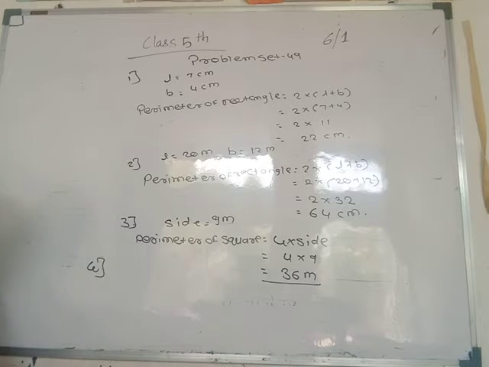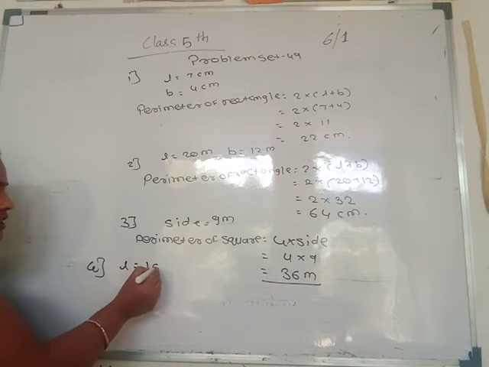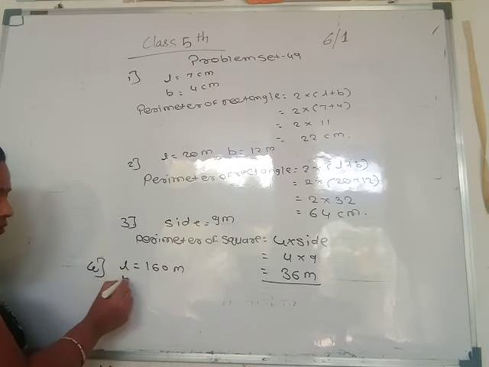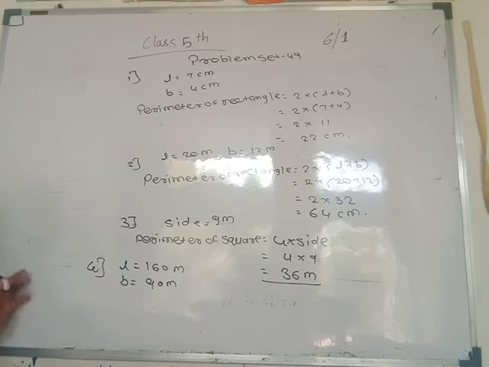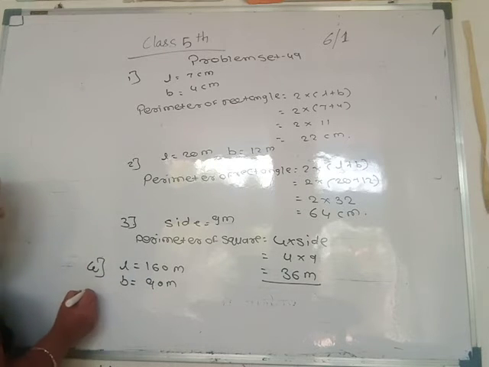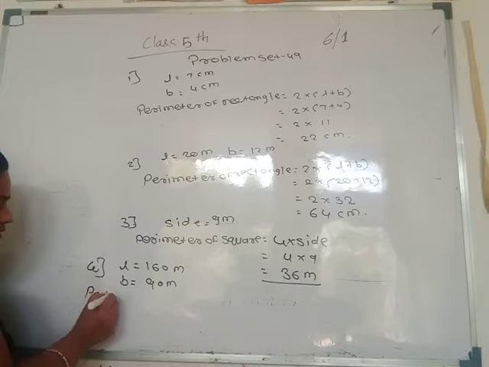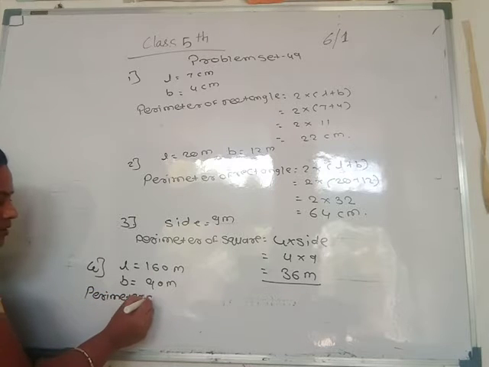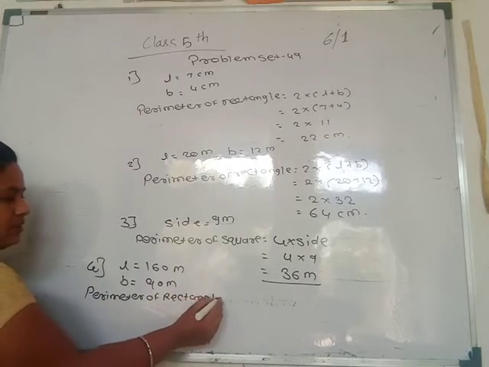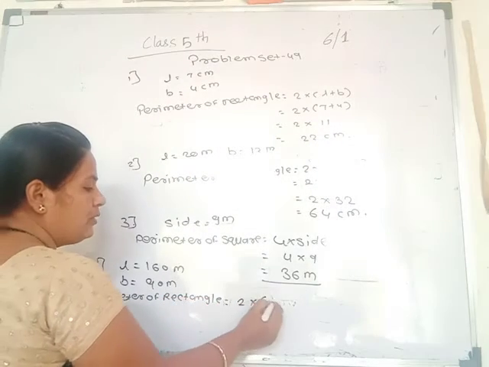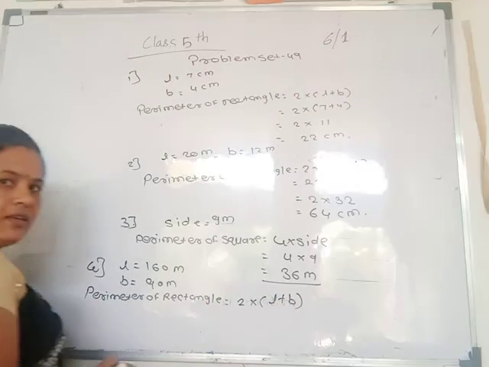Here length is given as 160 meter, width is 90 meter. First you write the perimeter of this rectangle: 2 into (L plus B).